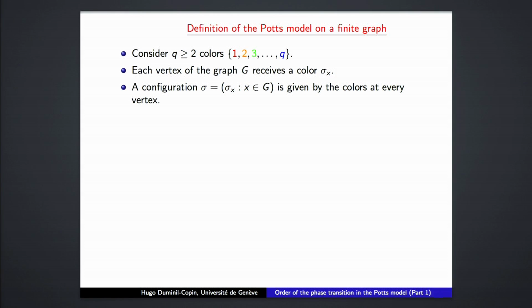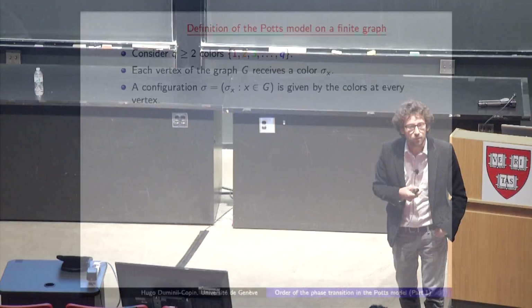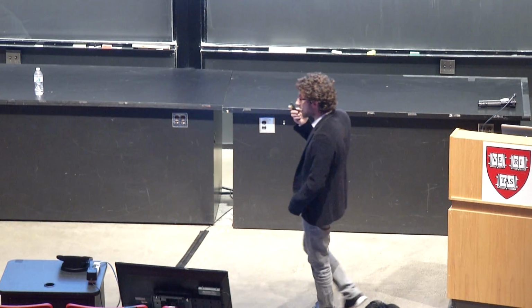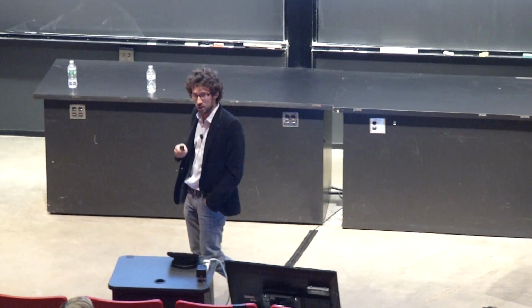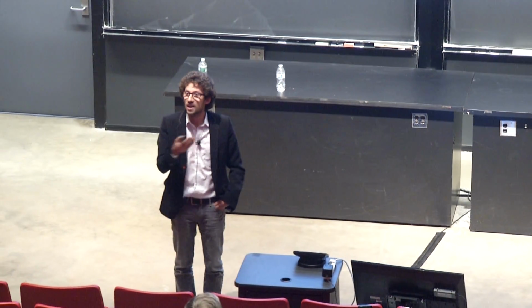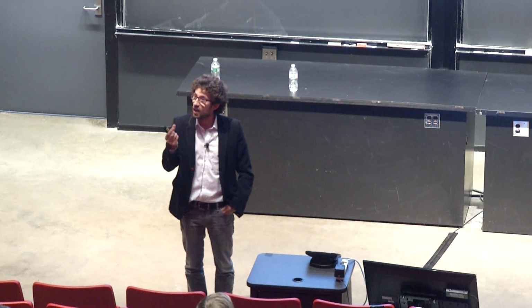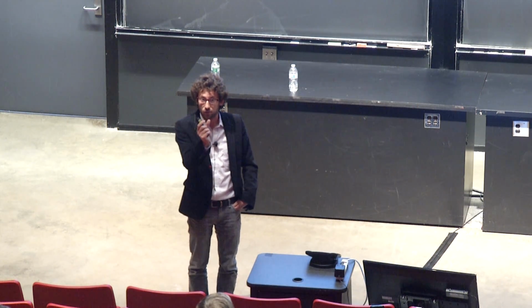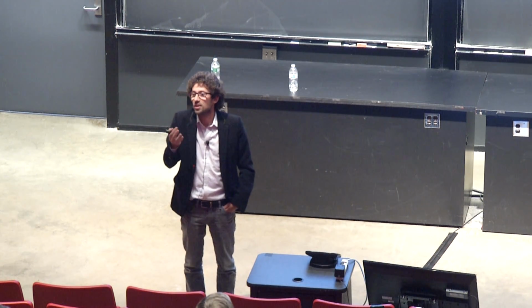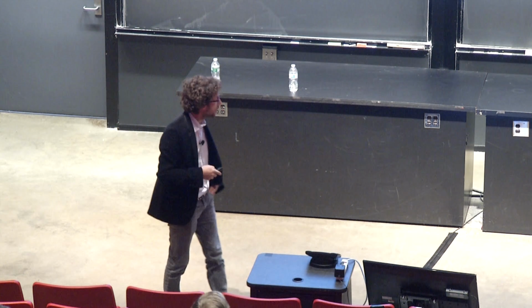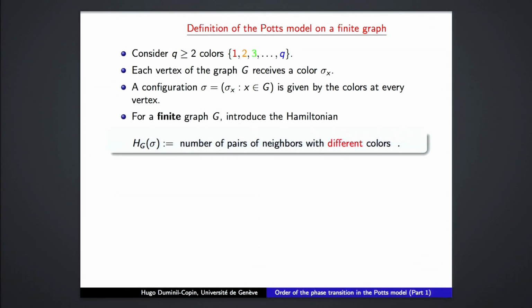So now I'm a statistical physicist, so what I want is to sample at random a coloring of the graph. And I want to keep in mind these ferromagnetic features that I was describing for the Ising model, that here in this case I would like pairs of neighboring vertices to have a tendency to have the same color, basically. So what I'm going to do, I'm going to define the energy of a configuration to simply be the number of neighboring vertices which have different colors.